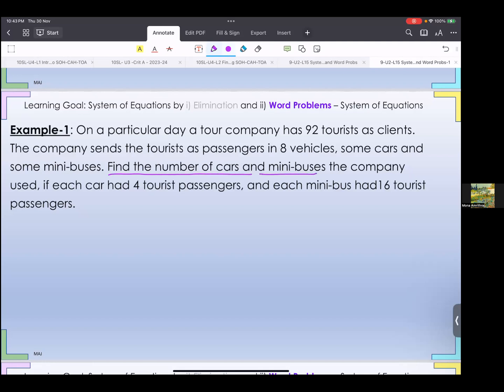And so that's exactly what we're going to use to define our variables. Okay, so we're going to say, let the number of cars be C, and let the number of minibuses be B.